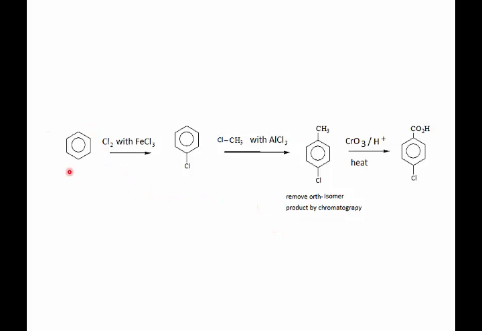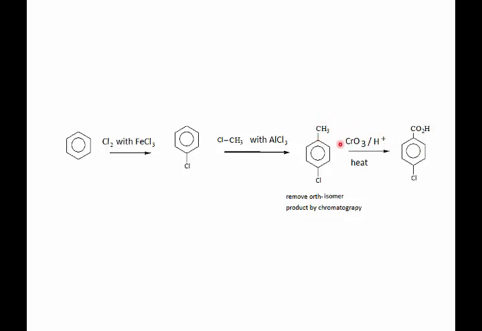We'll start with benzene, and we'll chlorinate it to make monochlorobenzene. Then we'll do a Friedel-Crafts reaction on it. The chloro is an ortho-para director, so we'll get our para-chlorotoluene. We'll also get ortho, but we can remove the ortho isomer by chromatography. So we now have the right precursor to get the product.